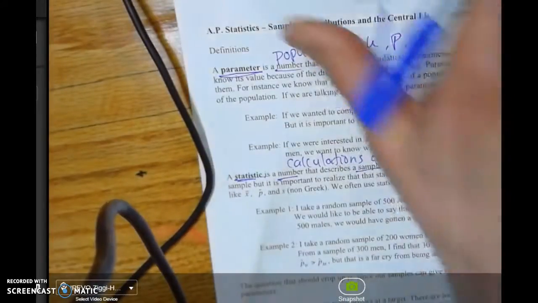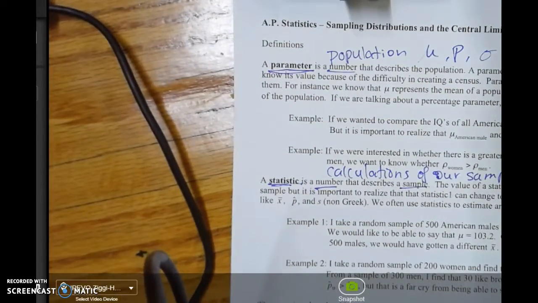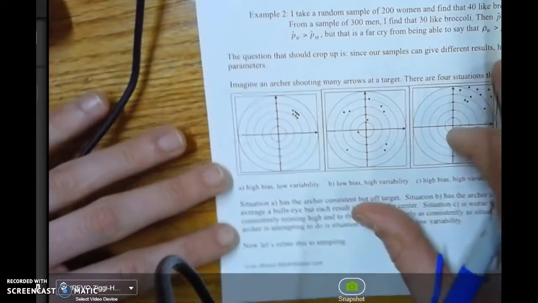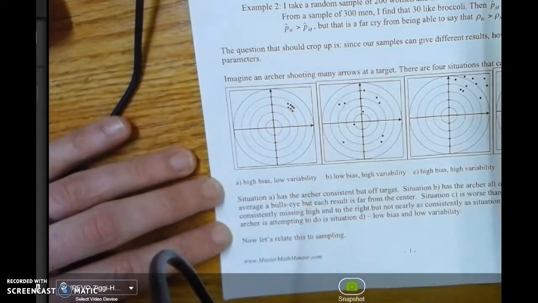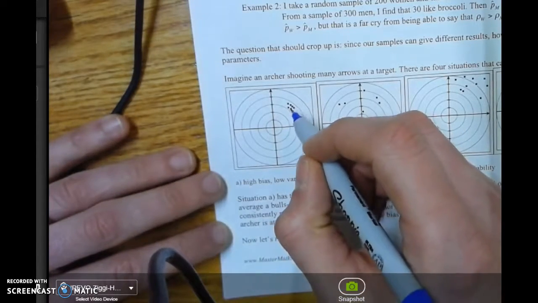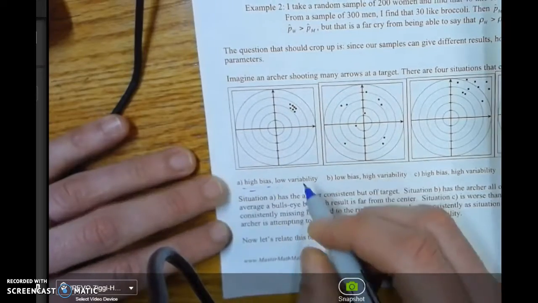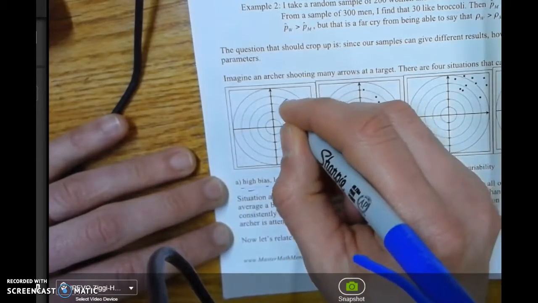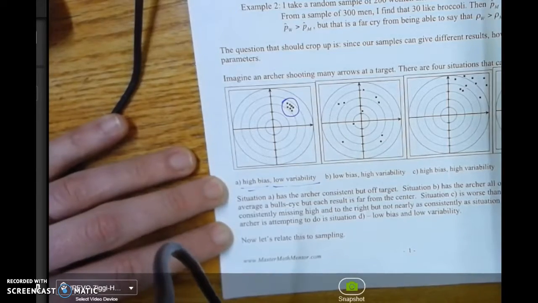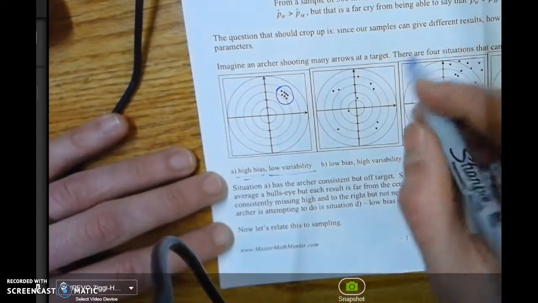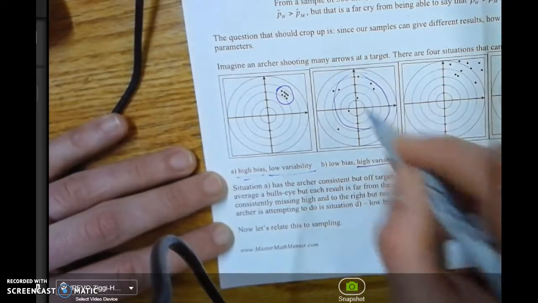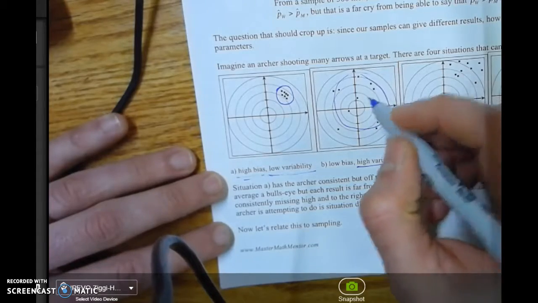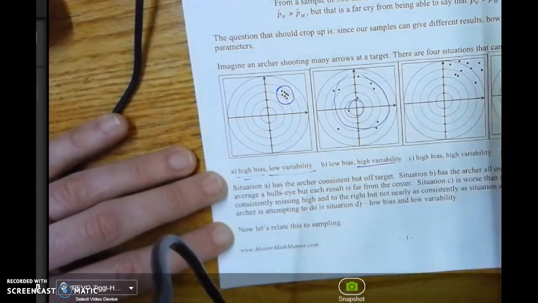When we do this sampling, we can run into four scenarios, kind of like a matrix, that deal with bias and variability. Here we have high bias but low variability, because our samples are all collected very close together. Here we have considerable variability, our dots are not close together at all, but pretty low bias because we're centered around the target.